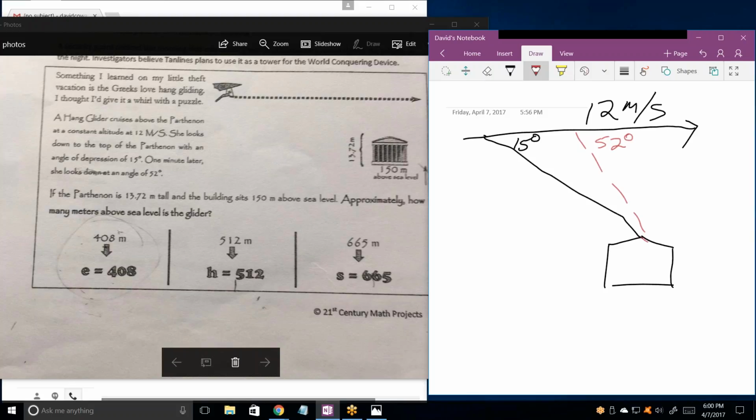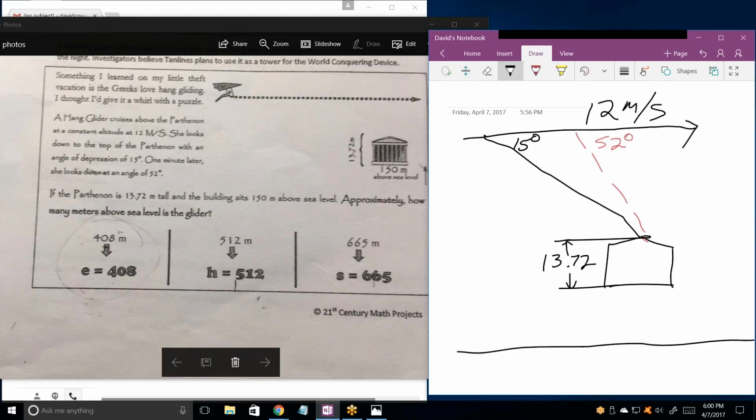If the Parthenon is 13.72 meters tall, so that distance is 13.72, and the building sits 150 meters above sea level.